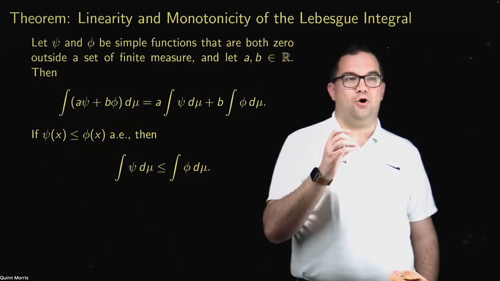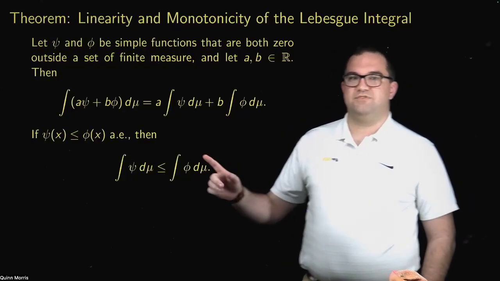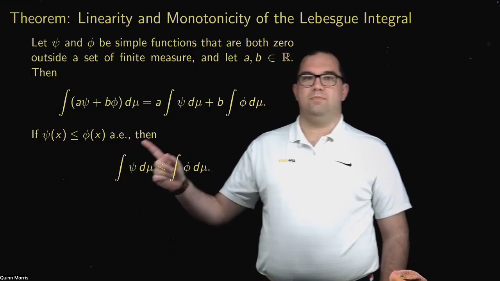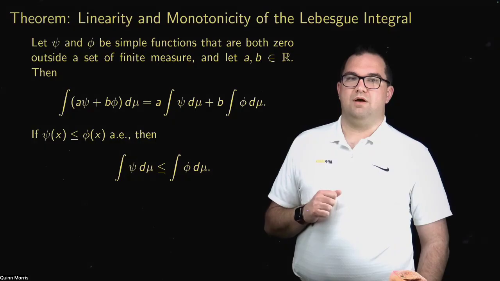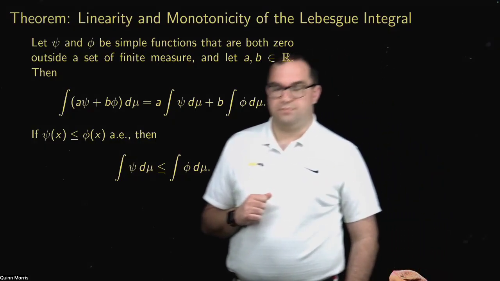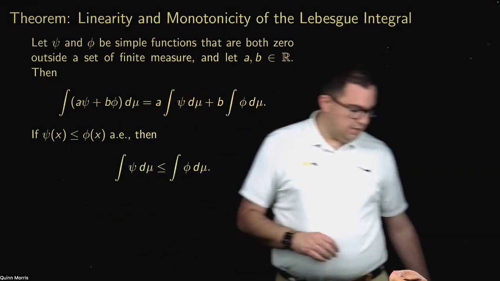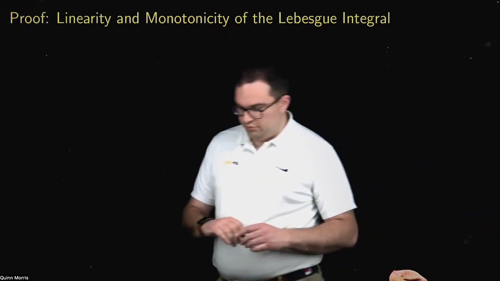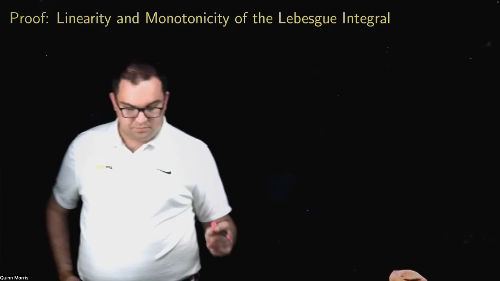That means the property holds, except possibly on a set of measure 0. So if psi is less than or equal to phi almost everywhere, then we would like the Lebesgue integral of psi to be less than or equal to the Lebesgue integral of phi. All right, so we want to spend some time making sure we can prove that for these simple functions.